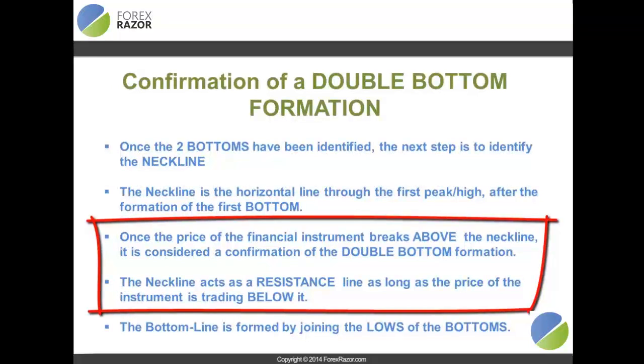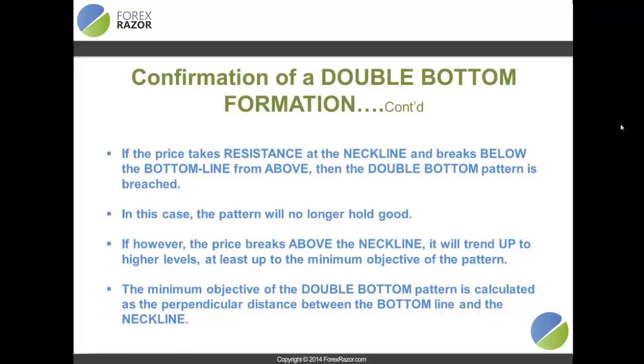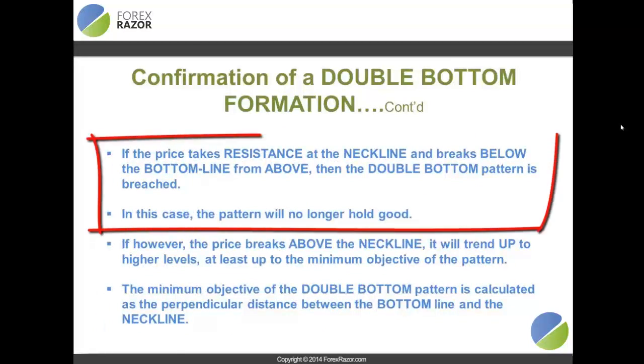The neckline thus acts as resistance as long as the price of the instrument is trading below it. The bottom line is formed by joining the lows of the bottoms. If the price takes resistance at the neckline and breaks below the bottom line from above, then the double bottom pattern is said to have been breached and will no longer hold good.